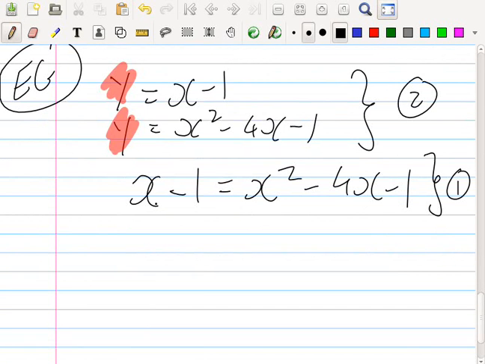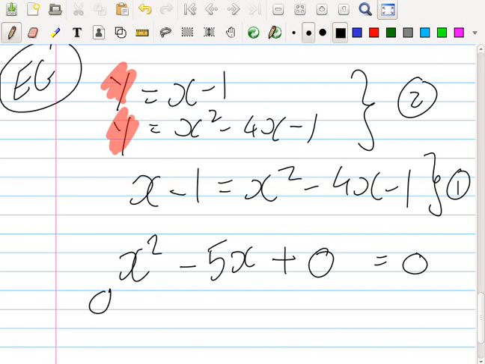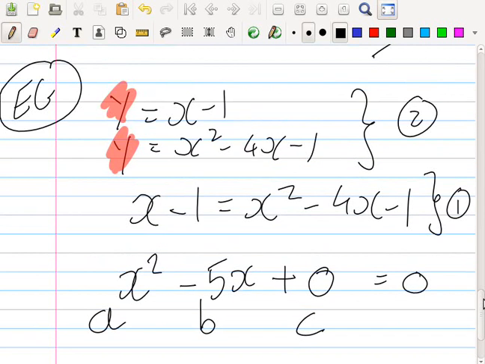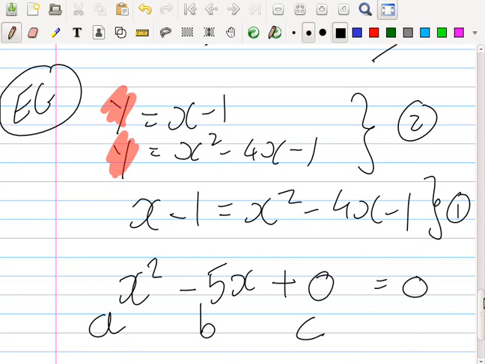I just have to take these 2 pieces to the right. So I get x squared minus 5x, and then when minus 1 comes over here, it becomes plus 1, so minus 1 plus 1 is 0. So just plus 0 equals 0. So there you go, there's the A, the B, the C. Is that okay?